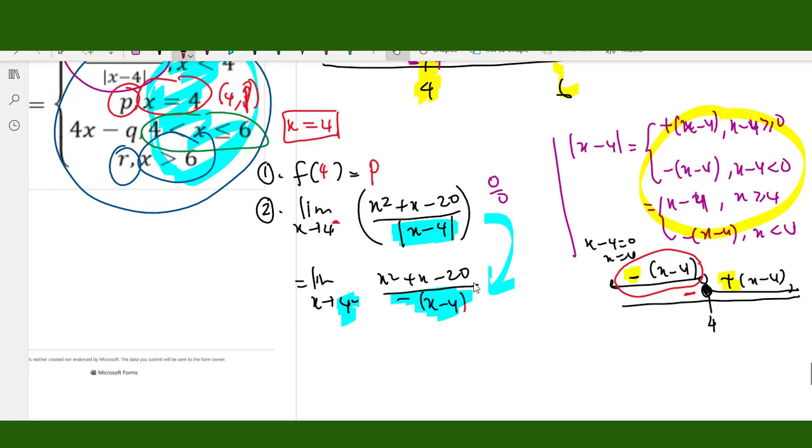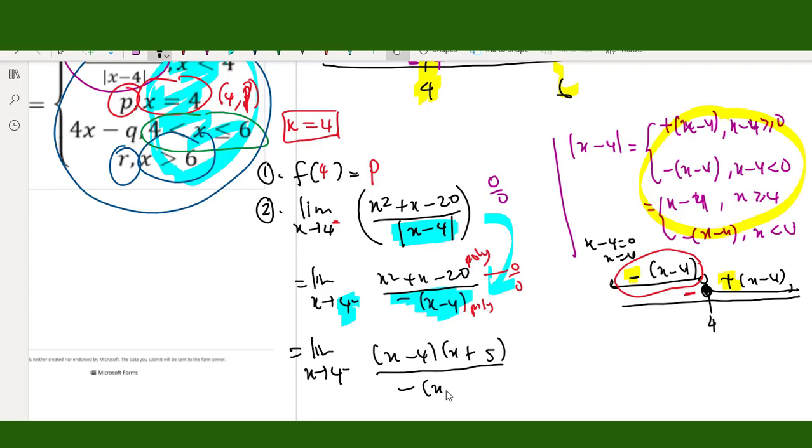Again substitute, and still you get 0 over 0, so you have to factorize the polynomial. Limit as x approaches 4 from the left, x minus 4, x plus 5 over negative x minus 4.